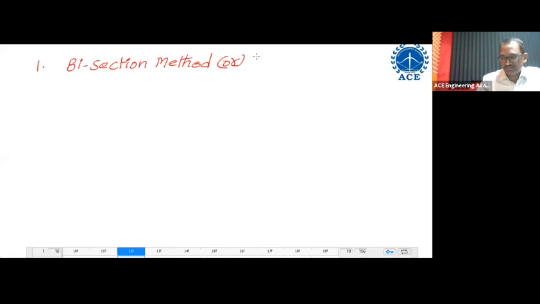Bisection method is also called binary search method.